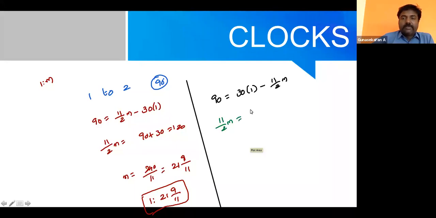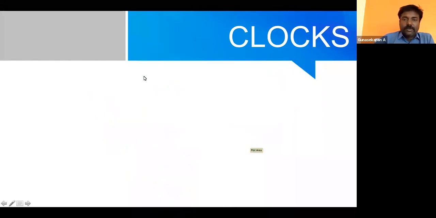So 11 by 2m is equivalent to 30h, 30 minus 90, 60, 20 by 11. Wait. 1 second.